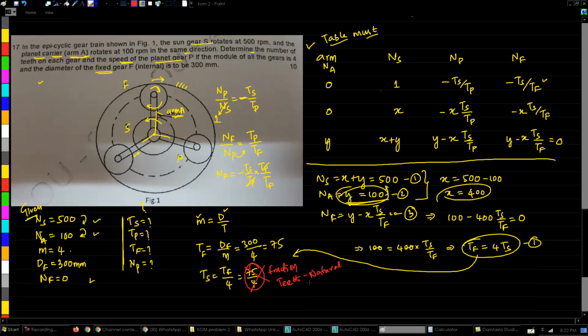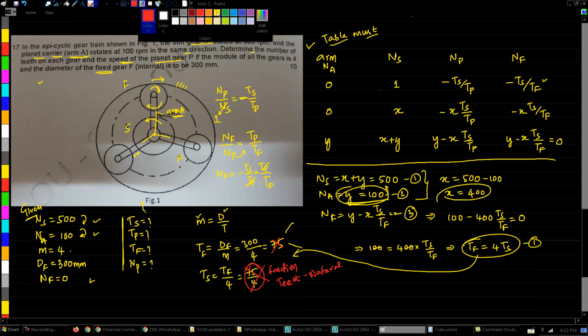We cannot have half a tooth or 1/4 of a tooth or something like that. So whatever values we get here, they have to be exactly divisible. We cannot have it like this. This is not allowed. So what to do? Fine. So we'll have to take either the higher value or the lower one. Because this value here that we got, 75, is not allowed.